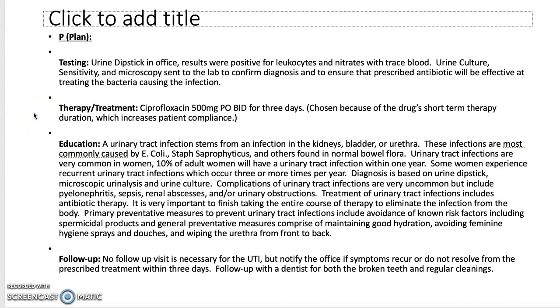Again, for the course of therapy or treatment, in this case, the student chose Cipro, which is not really indicated for uncomplicated UTI without a fever or flank pain. And then education and follow-up. And again, this is a straightforward follow-up. If the symptoms resolve with the medication, then there's really no need to return for an office visit, but you do want to give the patient the warning signs of complications or pyelonephritis so they can follow up as needed.